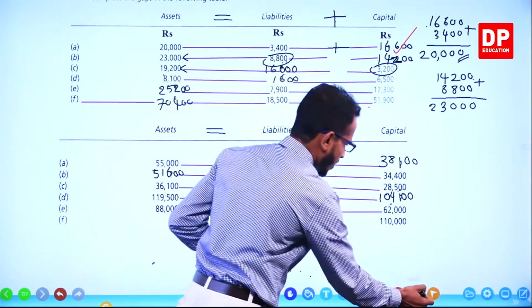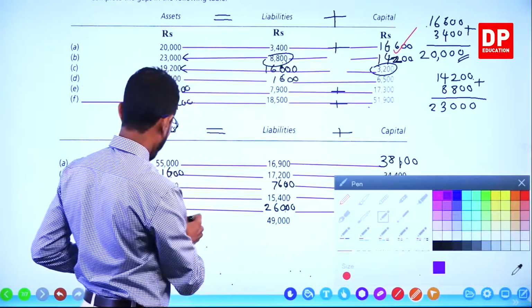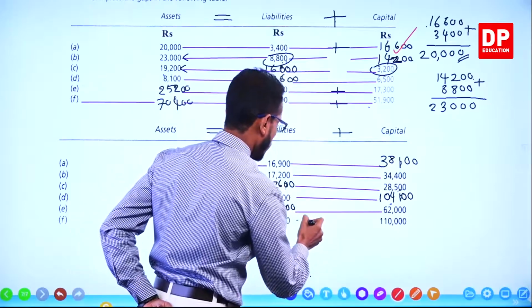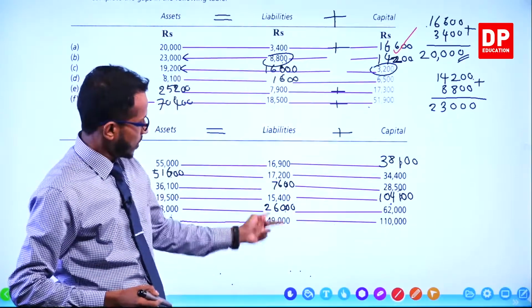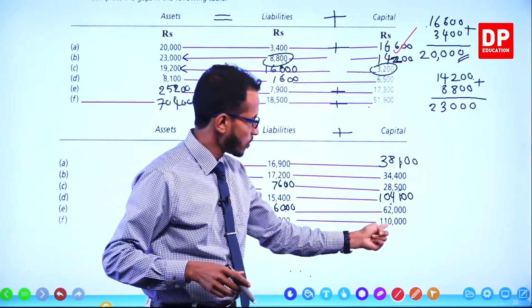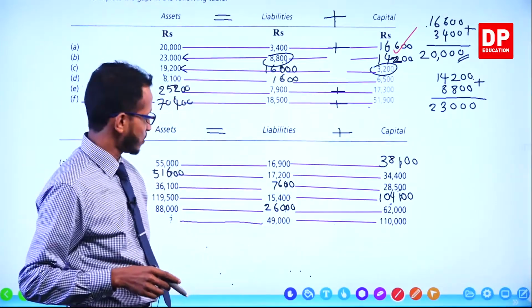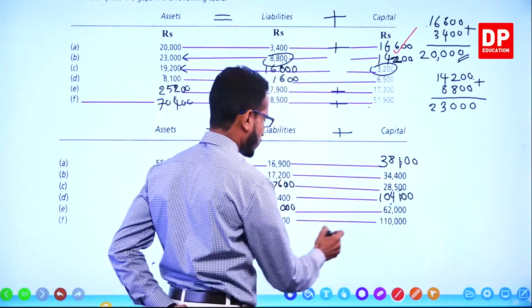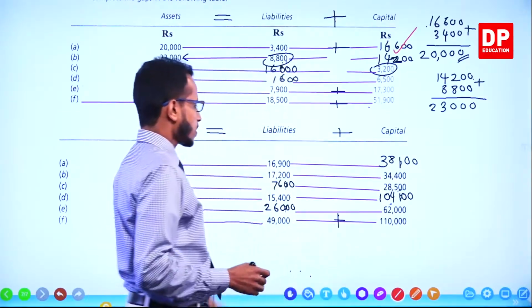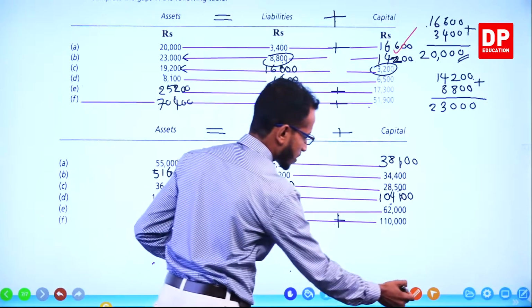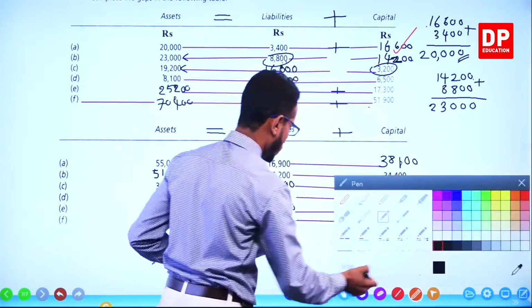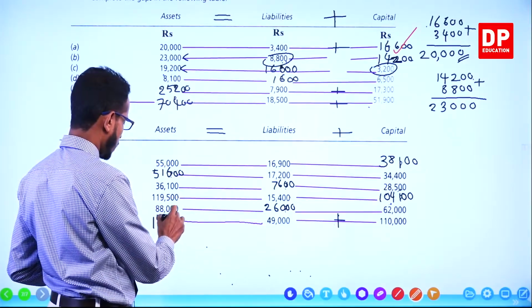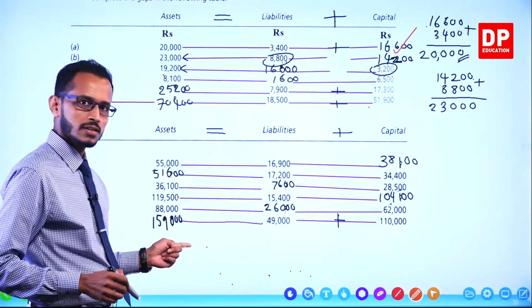Finally, we have assets we don't know, but we have liabilities worth 49,000, capital worth 110,000. Add those two and you get the total assets. That is 159,000. Is this correct? Good.